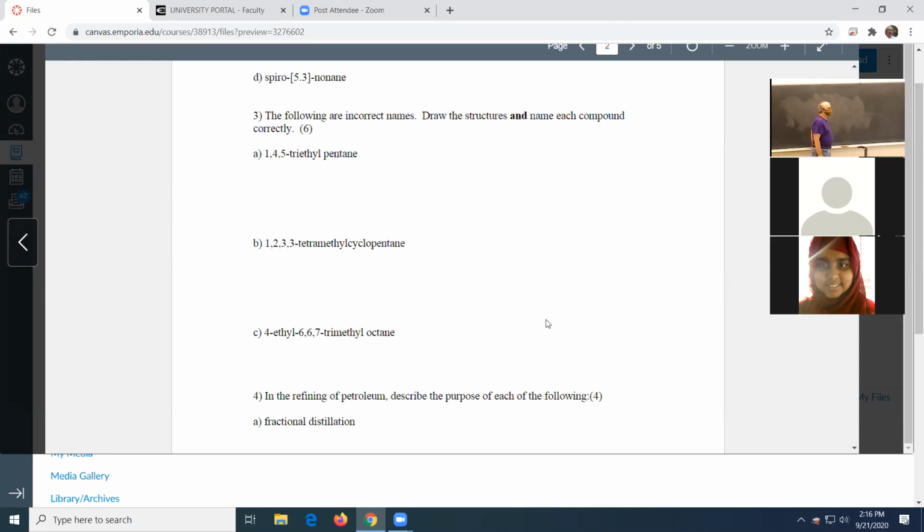Okay, and then part C is also numbered incorrectly. So we have octane. There's octane, and it is 4-ethyl 6,6,7 trimethyl.